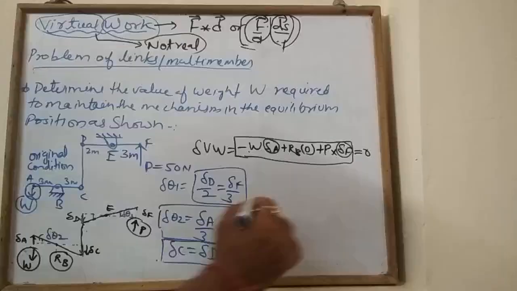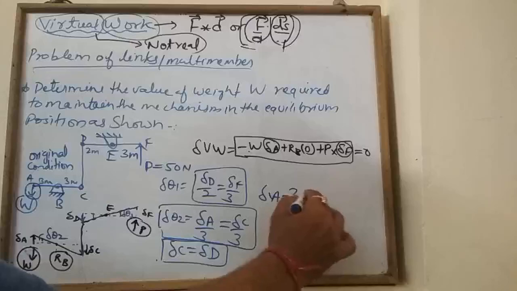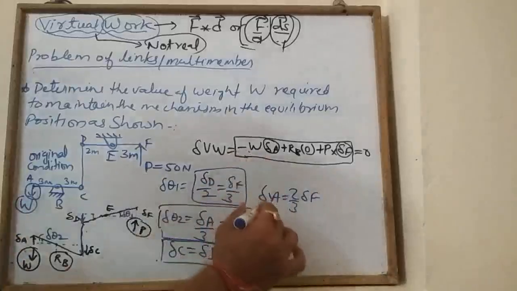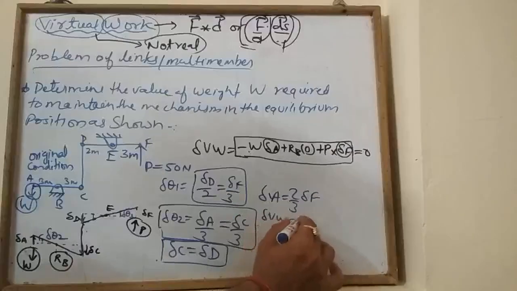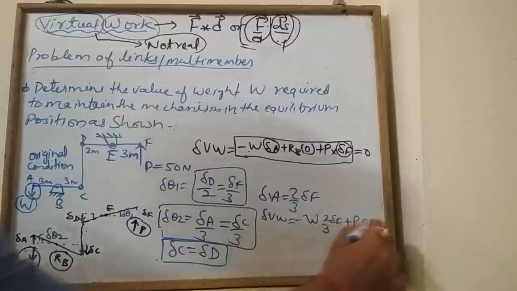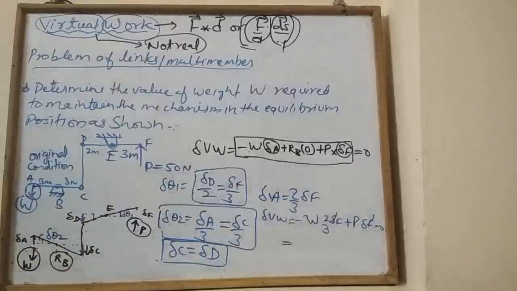Delta A will be equal to 2 by 3 delta F. Substituting this value in this equation, we get delta W equals minus W 2 by 3 delta F plus P delta F equals 0.